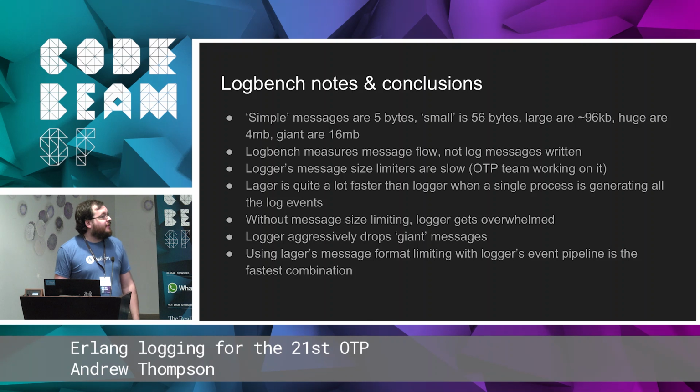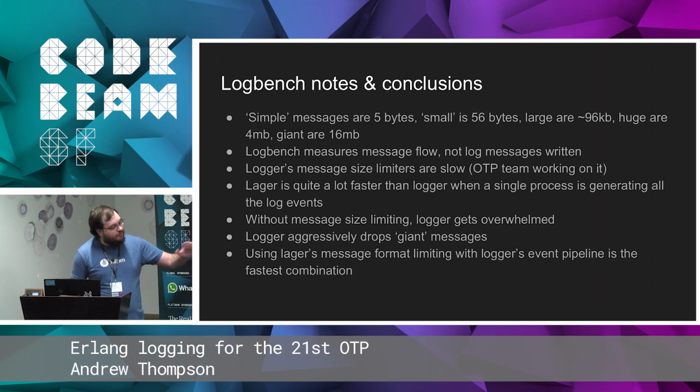Yeah, so without message size limiting, you're going to get yourself into trouble. It doesn't take much to start getting into a bad feedback loop. The good thing is that the OTP logger does ship with overload protection by default, so it will start to shed load at some point, but you may only get 20 messages a second out of it.